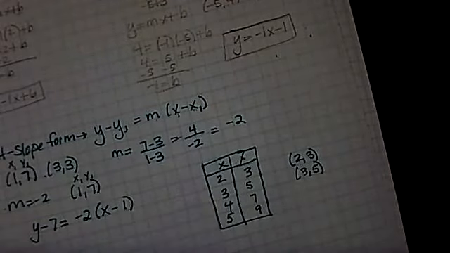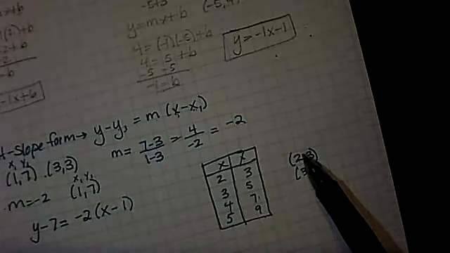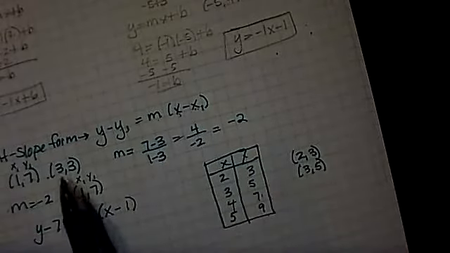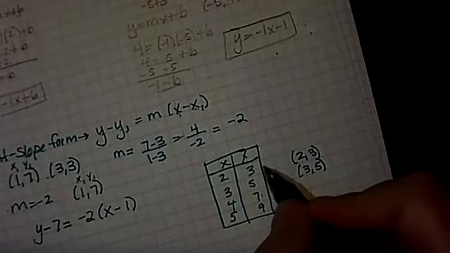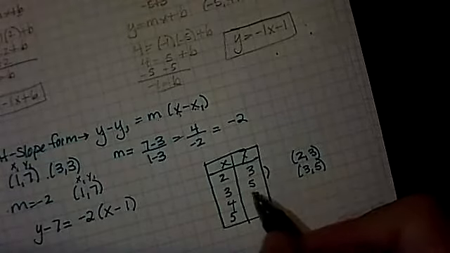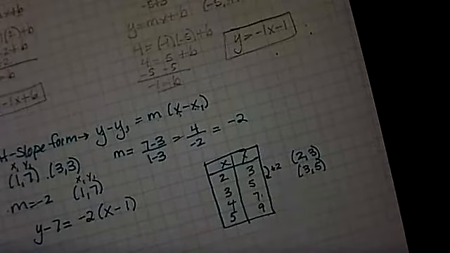Here's a couple different ways to solve this. You could take any two ordered pairs and find the slope, just like we did on the first problem. But sometimes it's nice on a table if this works out. If I look from here to here, what is the difference in these two y values from 3 to 5? It's a +2.